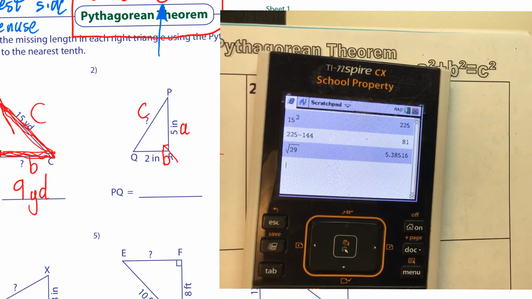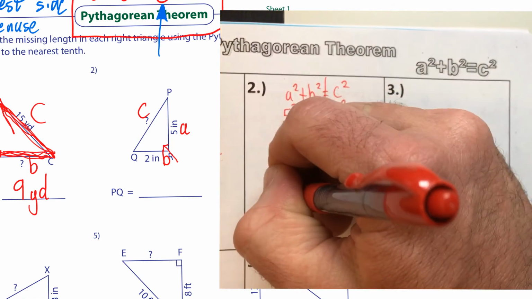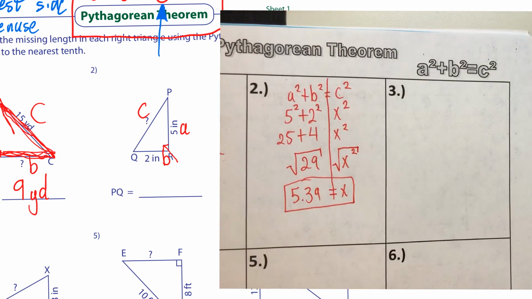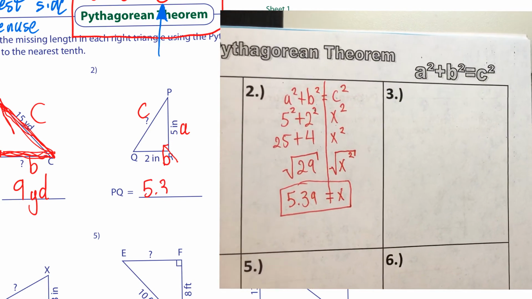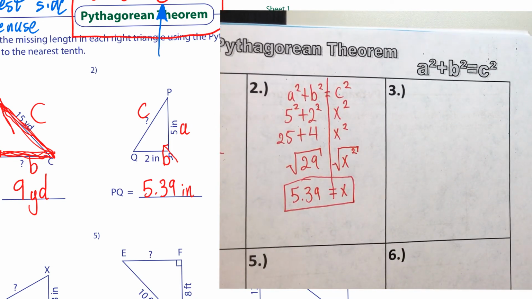Square root of 29 is 5.385. We'll write it and say 5.39. All right, let's see back over here. 5.39 inches.